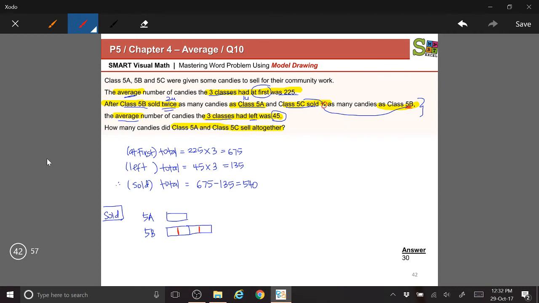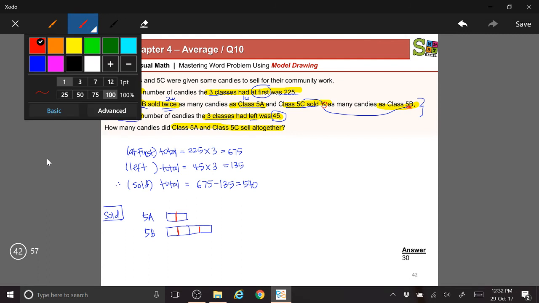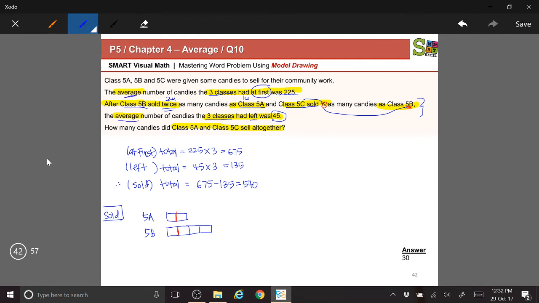When we cut 1 unit into 2, 5A also must be cut into 2. Then C is 3, so we draw 3 for C. So 5C is 3 units, like that.